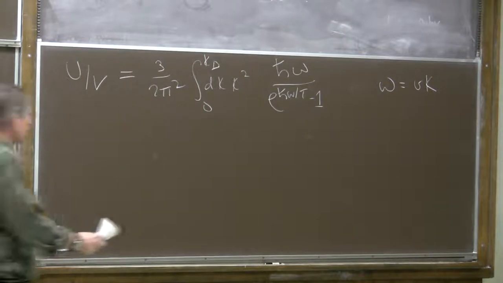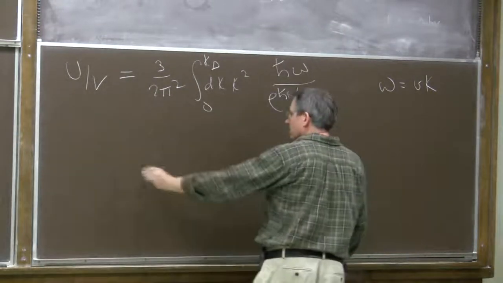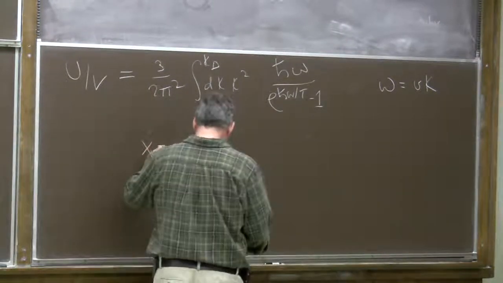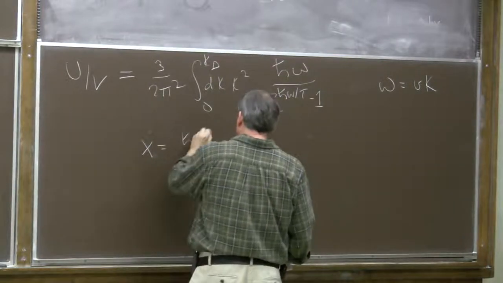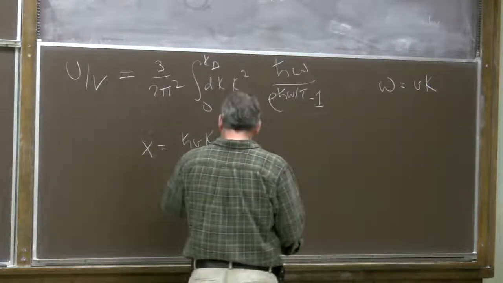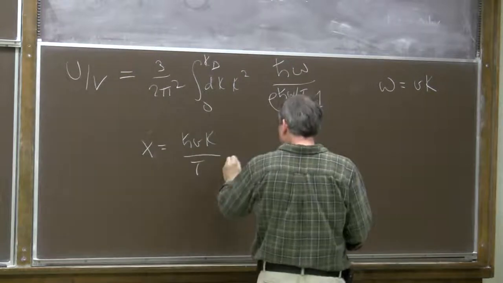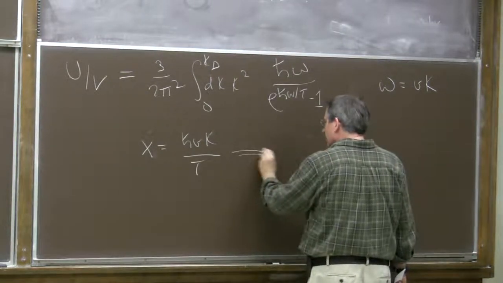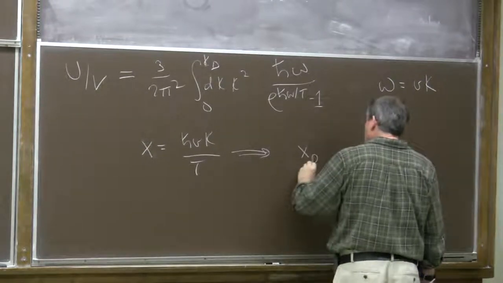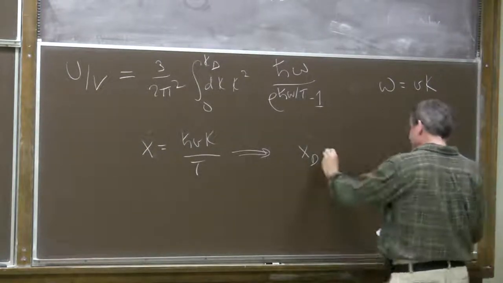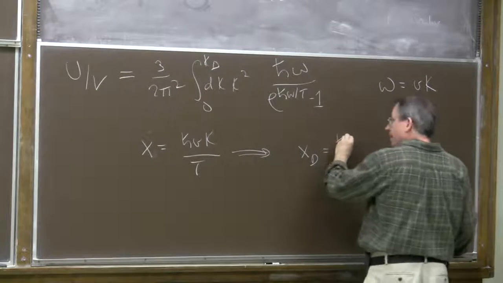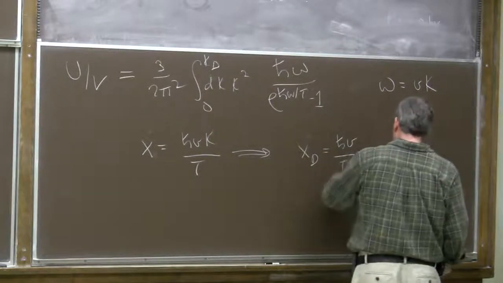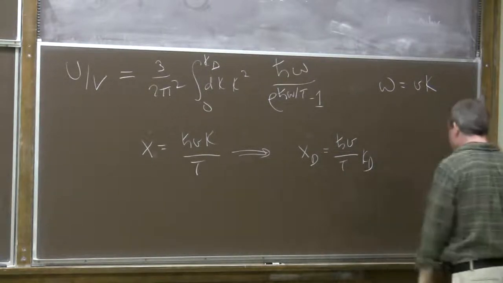So if I introduce the dimensionless variable, so I have a dimensionless integral, which is now x equals h bar v k over tau, then I'm going to be integrating x up to its maximum value x Debye, which will be h bar v over tau times the Debye wave number.